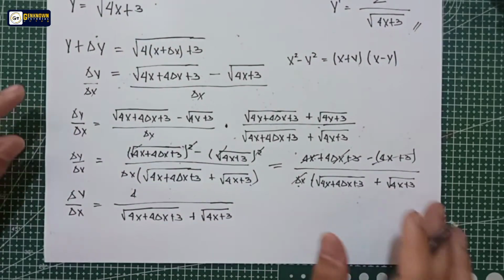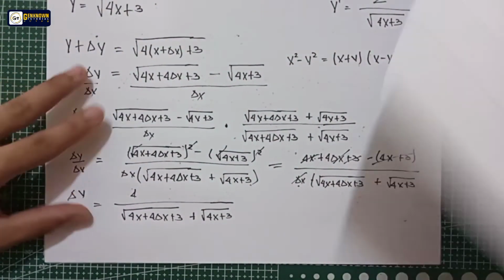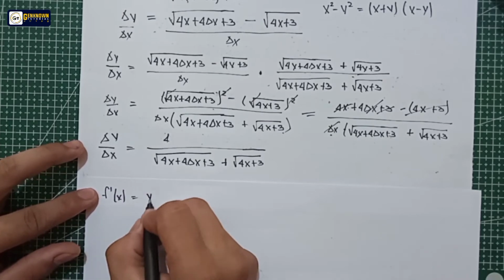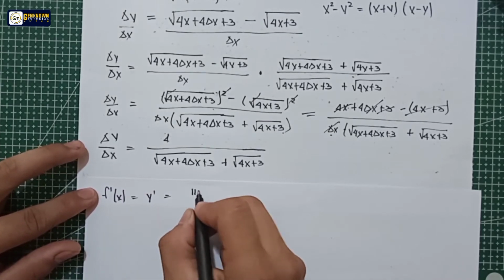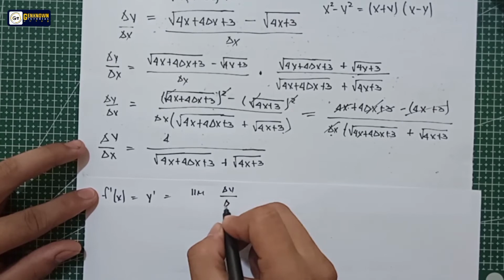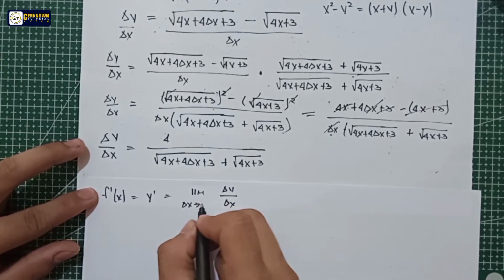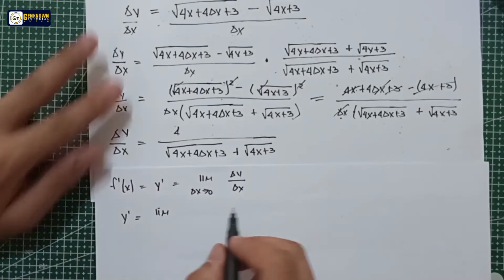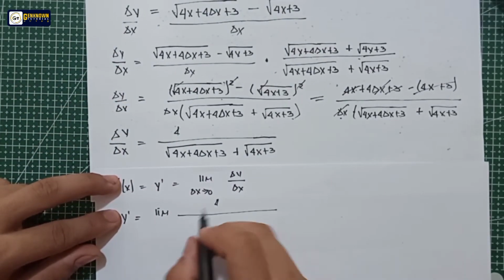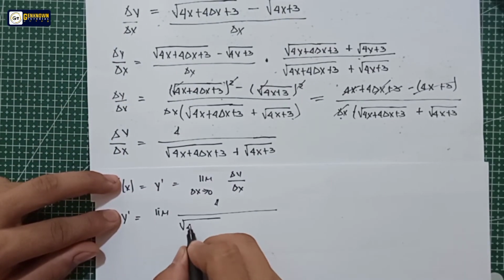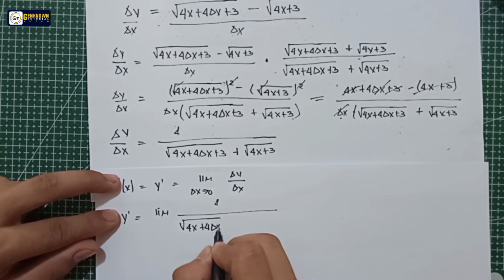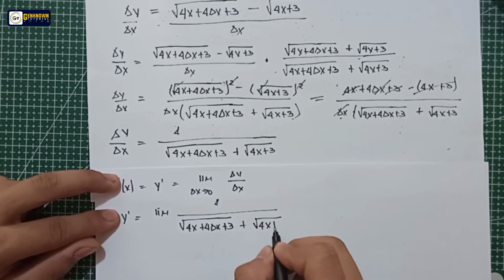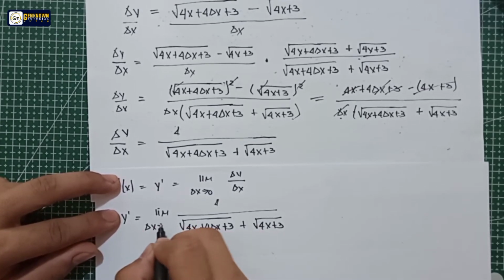So the last and final step: find the f prime of x, or the y prime, which is equal to the limit of delta y over delta x as delta x approaches 0. So the y prime is equal to the limit of 4 all over the square root of 4x plus 4 delta x plus 3 plus the square root of 4x plus 3, as delta x approaches 0.